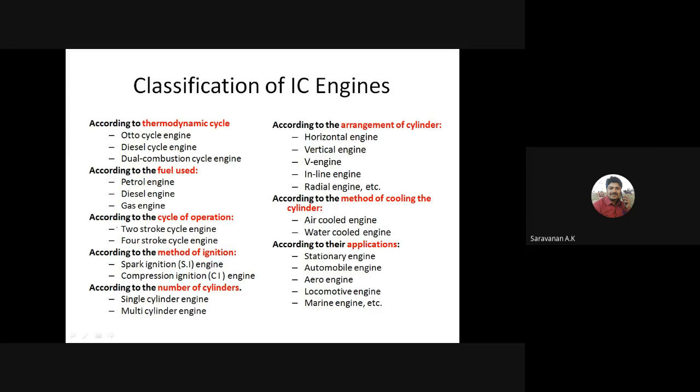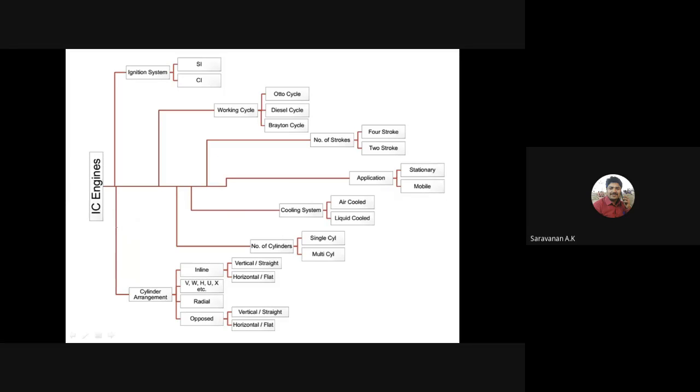By method of ignition: spark ignition and compression ignition. By number of cylinders: single cylinder, multi-cylinder, and the cylinder arrangements. By cooling method: air cooled and water cooled engines. And depending upon the application, we can classify them into categories of engines. These are the symbolic representation of the IC engine classification.